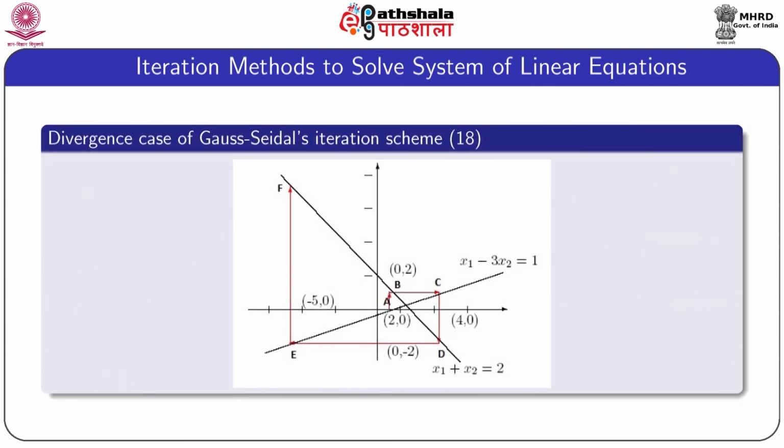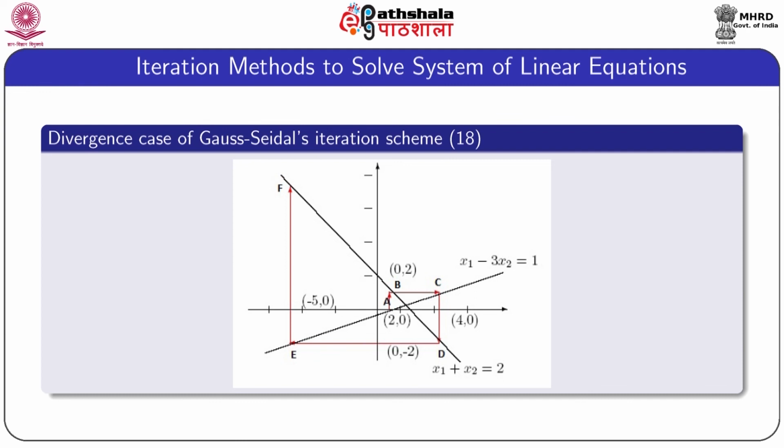Whereas the divergence case of the Gauss-Seidel iteration scheme, that means scheme 18, is shown in this figure. The iteration scheme starts from the point A, whose coordinate is (1, 0), and it goes to the first equation at the point B, then it moves to the second equation to the point C, then it comes to the first equation at the point D, and from D to E and to F. So, see that the iteration scheme gradually diverges to infinity.